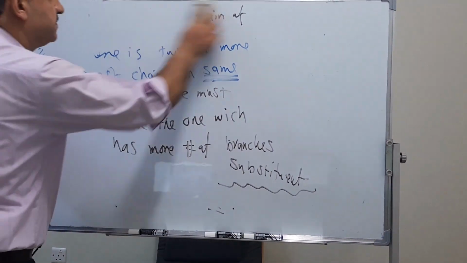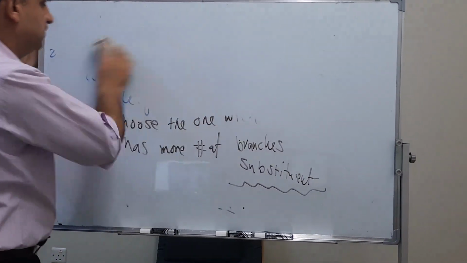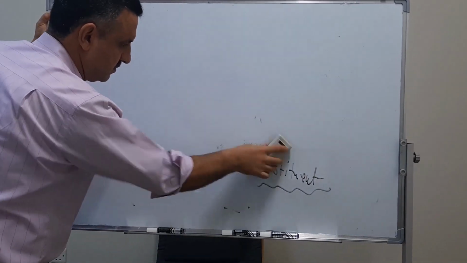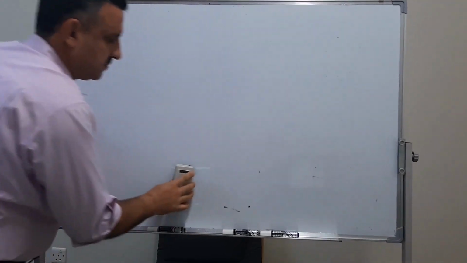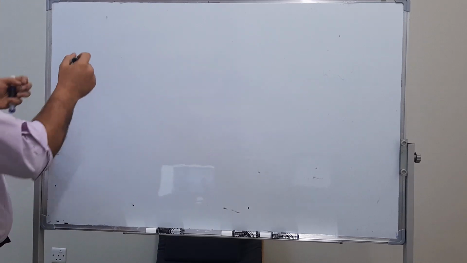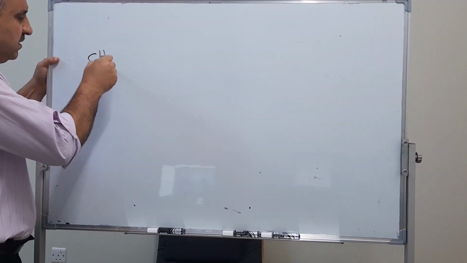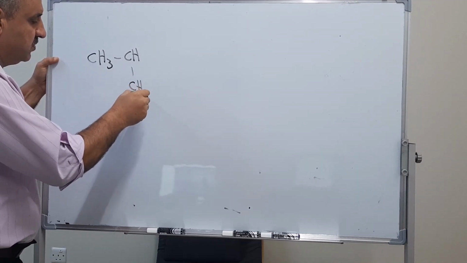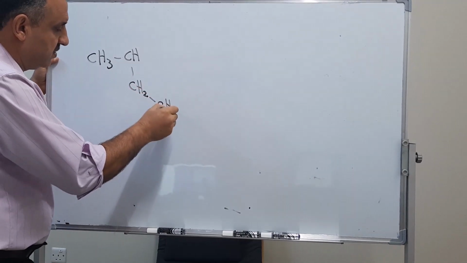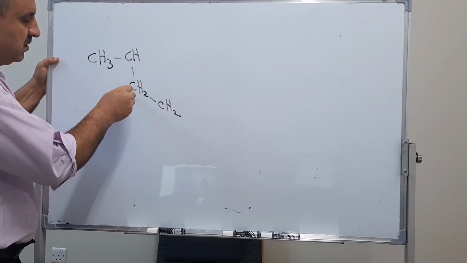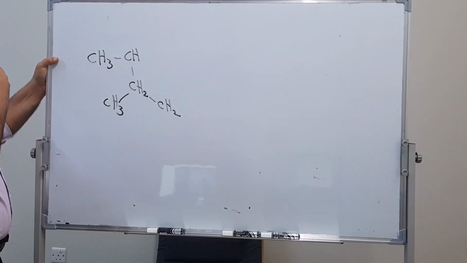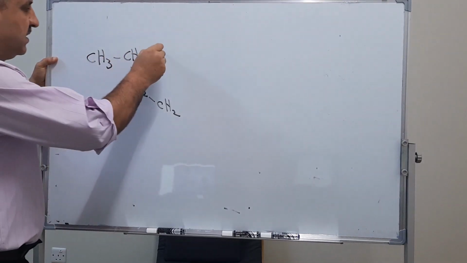Let me just see. So we have CH3, CH, CH2, CH2, CH3, CH.